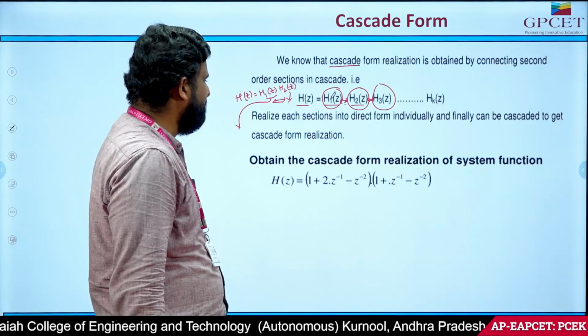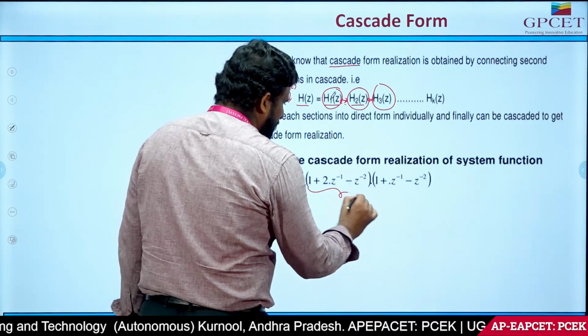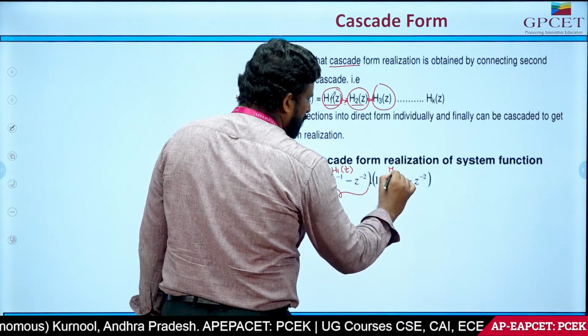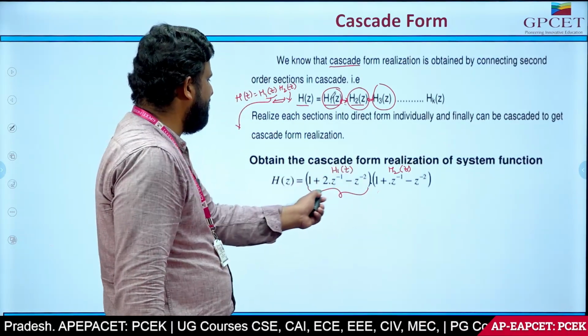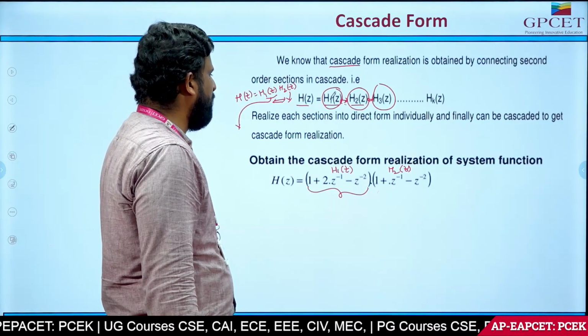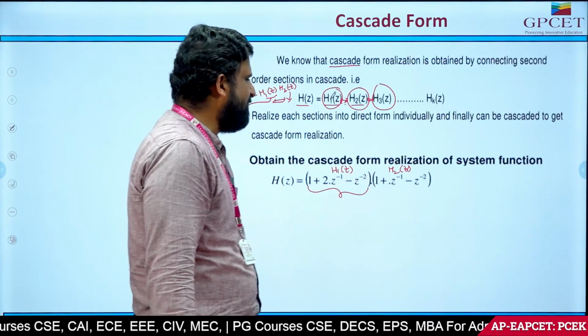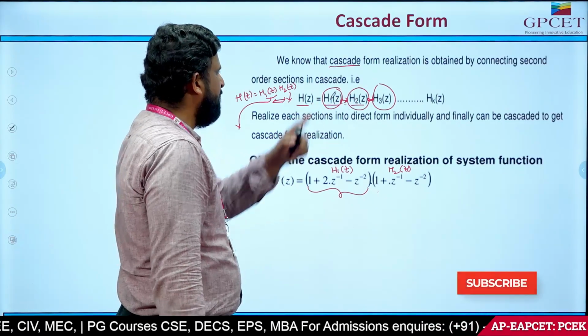Just take one example. H of Z is equal to, first H1 of Z and H2 of Z, the product of two terms. H1 of Z is 1 plus 2 into z power minus 1 minus z power minus 2, and the second term is 1 plus z power minus 1 minus z power minus 2. You can see here H of Z is equal to H1 of Z into H2 of Z.